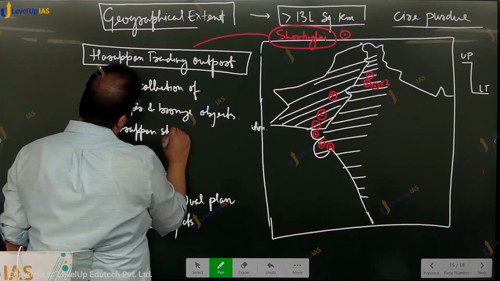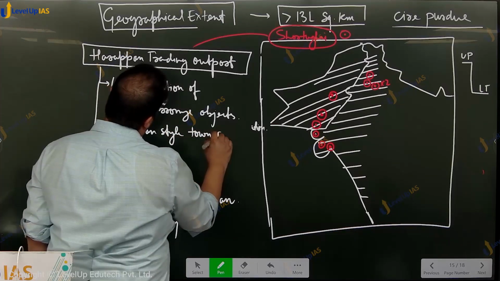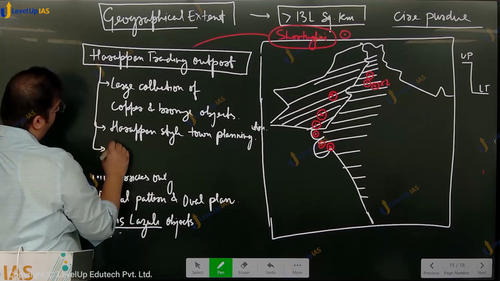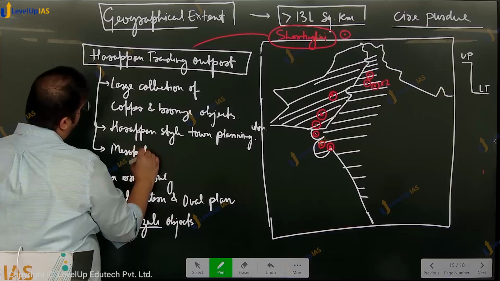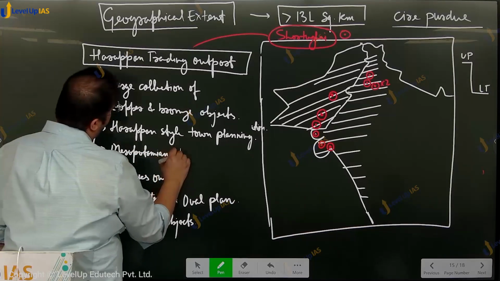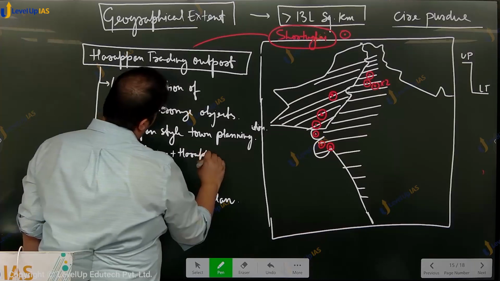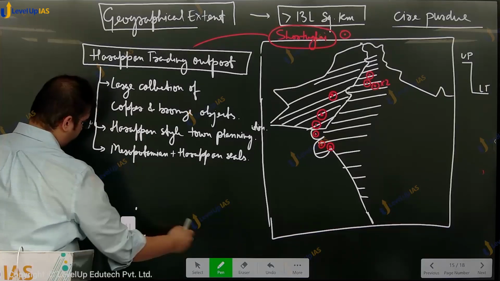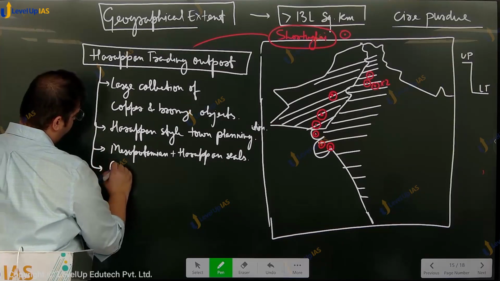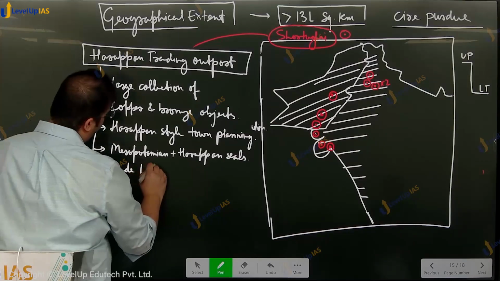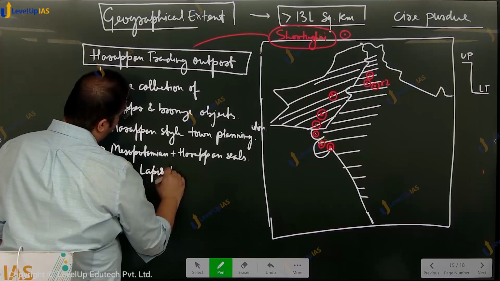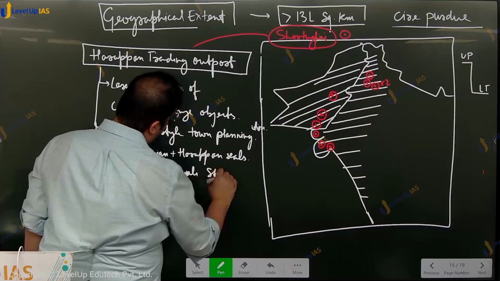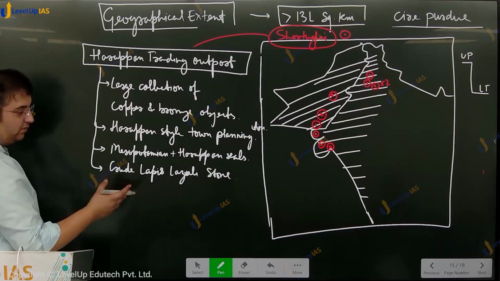Harappan style town planning, large number of Mesopotamian and Harappan seals, crude lapis lazuli stone, as if it has been recently quarried and brought over here.